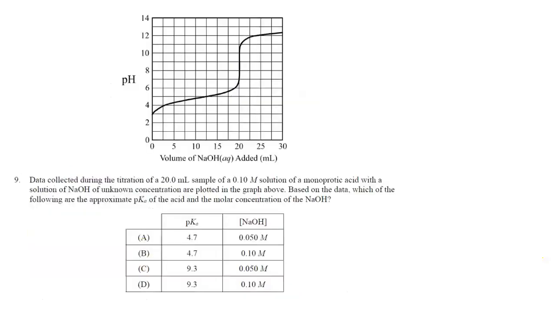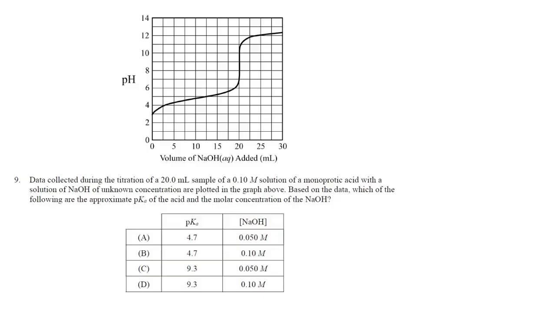Now let's take a look at question 9. Question 9 says the following. Data collected during the titration of a 20.0 milliliter sample of a 0.10 molar solution of a monoprotic acid with a solution of sodium hydroxide of unknown concentration are plotted in the graph above.